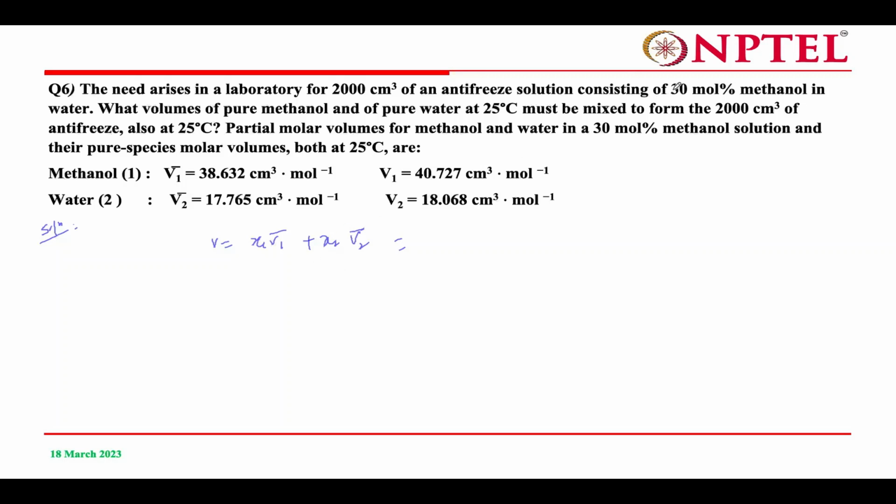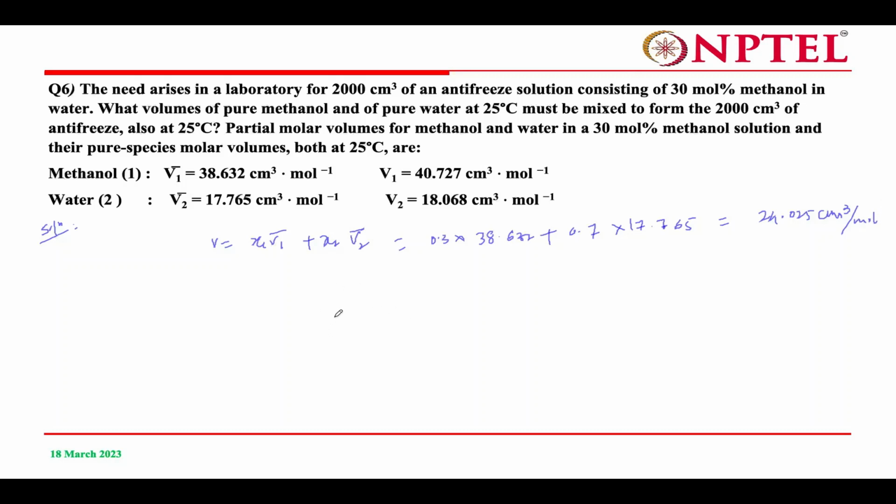So x1 here is 0.3 and x2 is 0.7. V equals 0.3 times 38.632 plus 0.7 times 17.765, which gives 24.025 centimeter cube per mole, right?